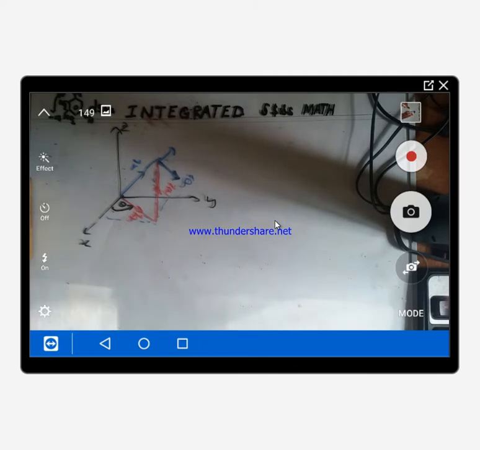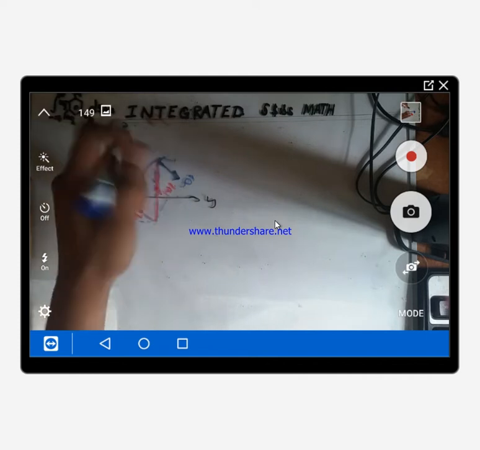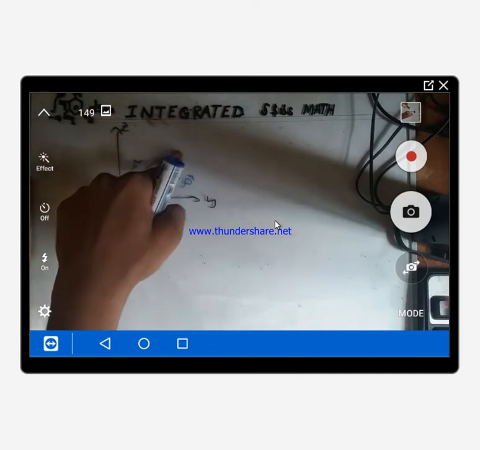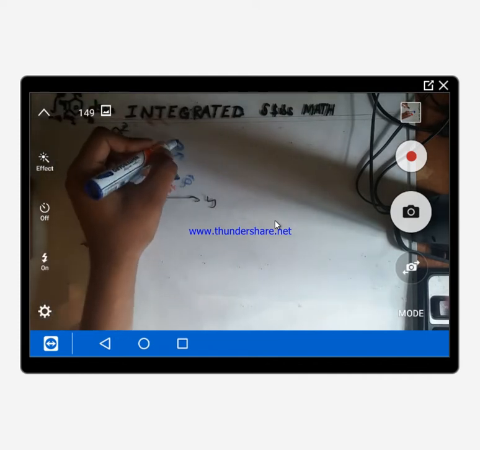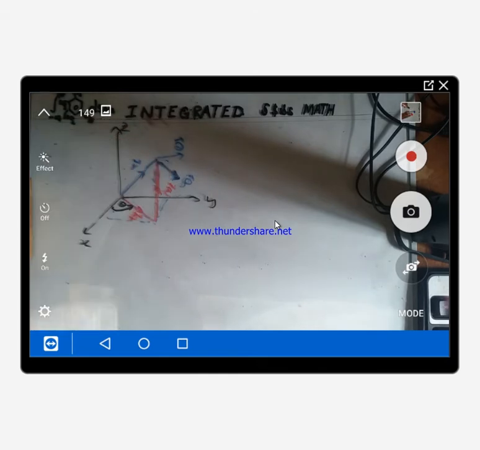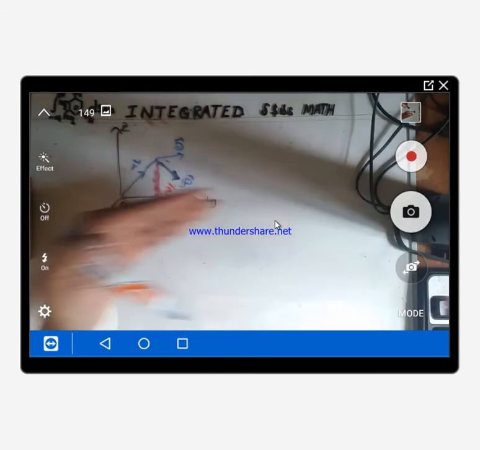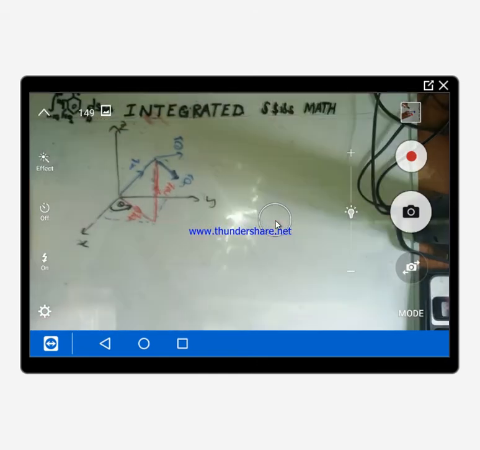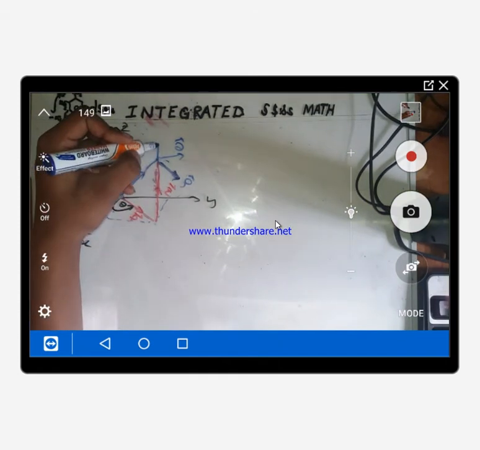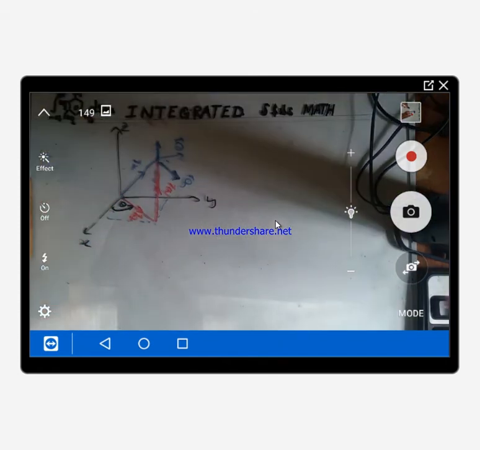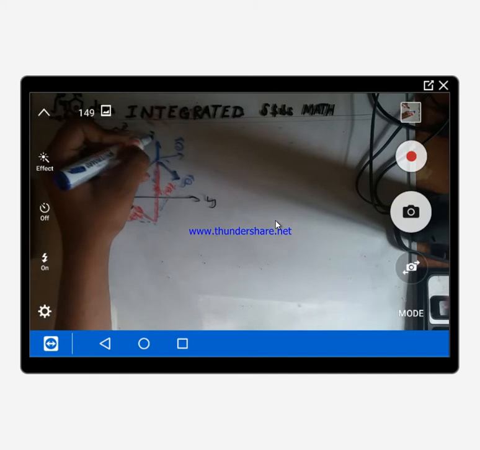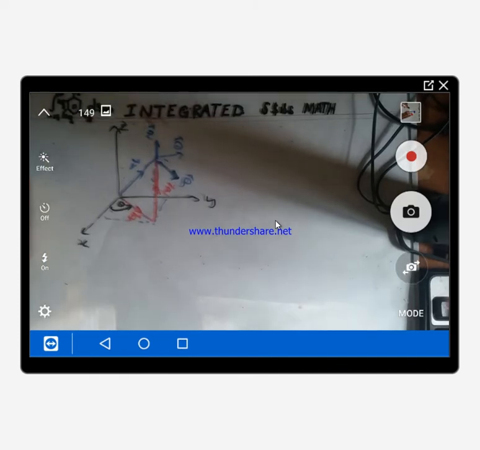That's why it is called theta hat, the unit vector along that direction. And this one is along the z-axis, the z direction. This is z hat.